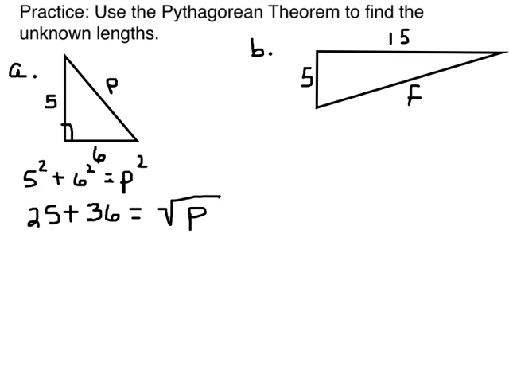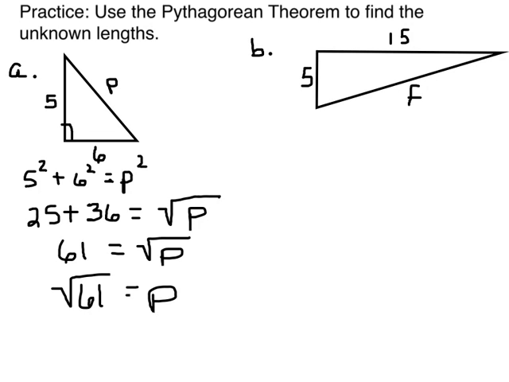You add 25 and 36, you get 61, which is equal to P squared. And we can say the square root of 61 is equal to P. And that's all there is.